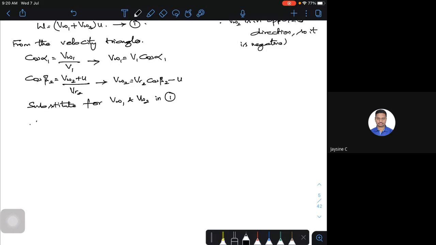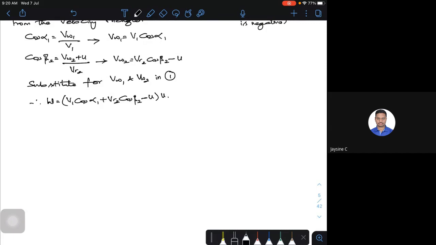Therefore, your W is equal to V1 cos alpha 1 plus VR2 cos beta 2 minus U, the whole thing multiplied by U. Now we know that already, phi is equal to U by V1, or I can write U is equal to phi into V1.